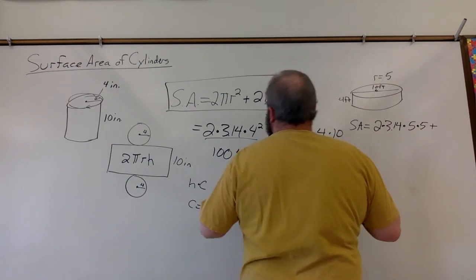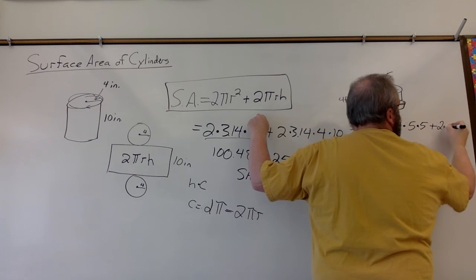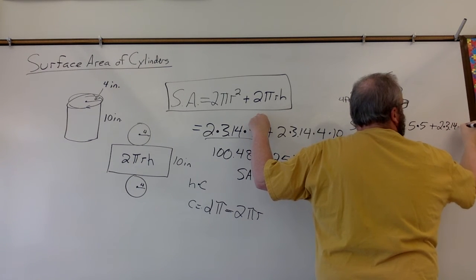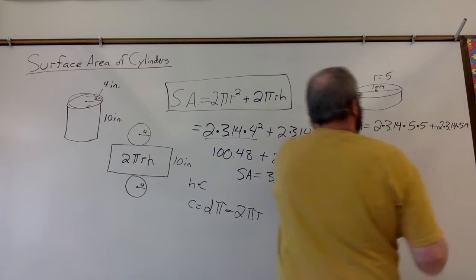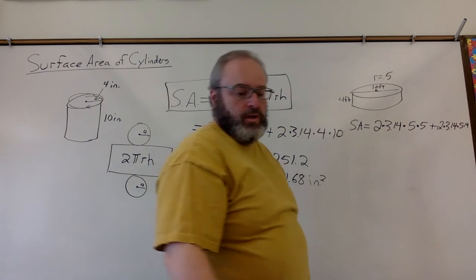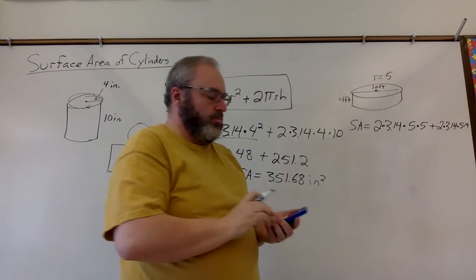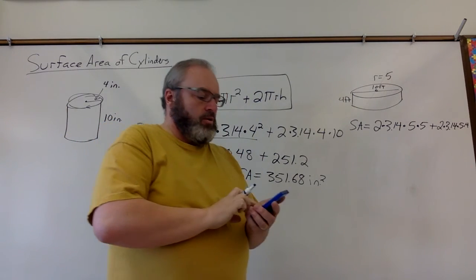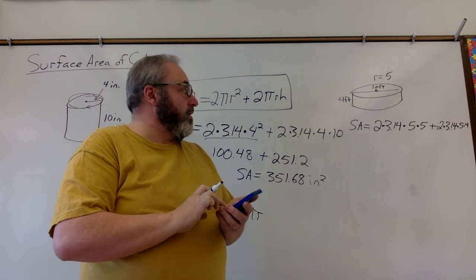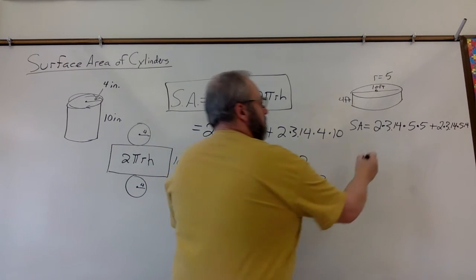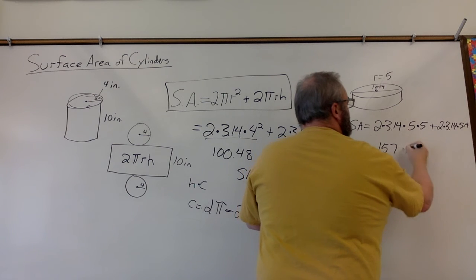plus 2 times 3.14 times the radius times the height. Height is 4. Okay, so let's multiply each of these parts out separately. 2 times 3.14 times 5 times 5. This first part is 157.